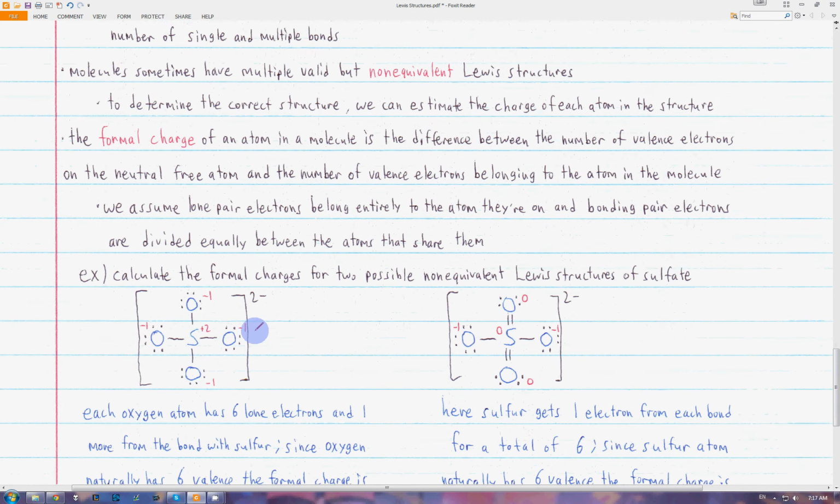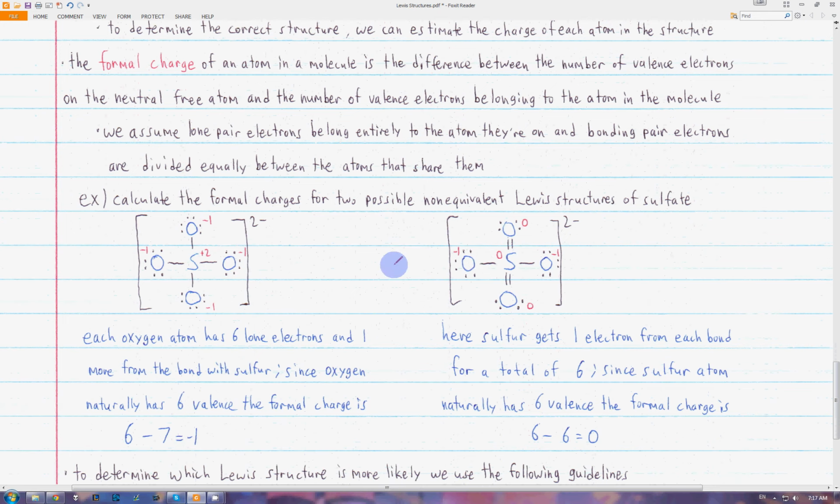So for example, here are two structures of sulfate. They both follow the rules for Lewis structures, but they're non-equivalent. This one has 4 single bonds, while this one has 2 single bonds and 2 double bonds. To figure out which one's more likely, we have to find the formal charge of each atom in this structure.